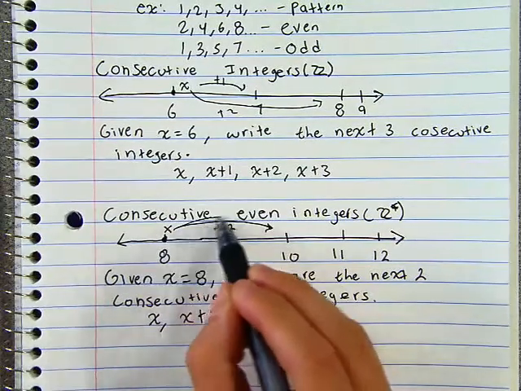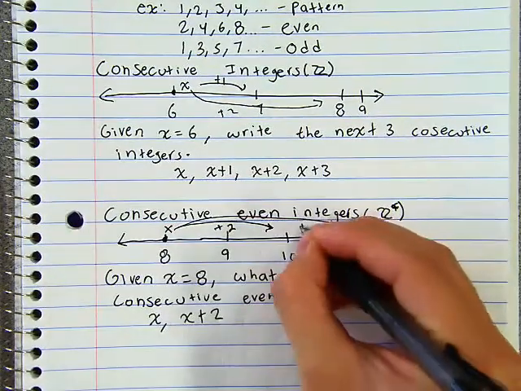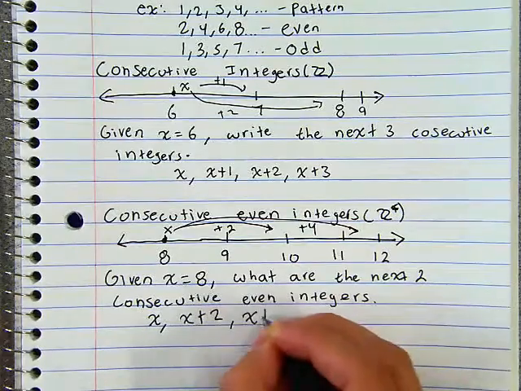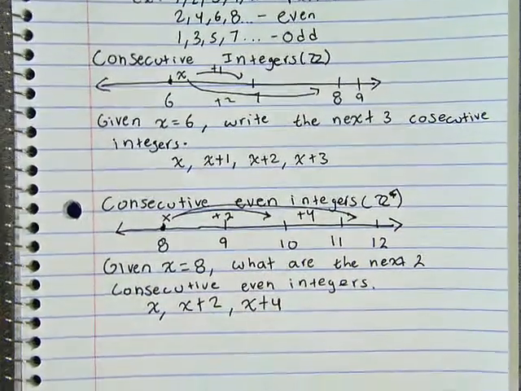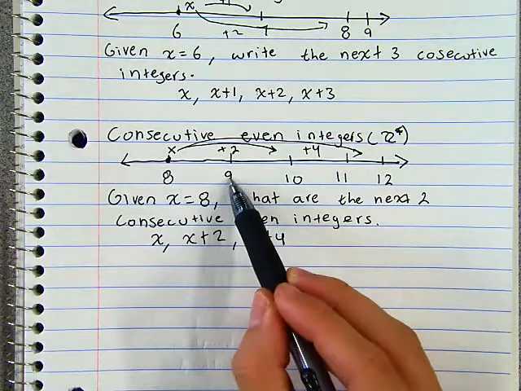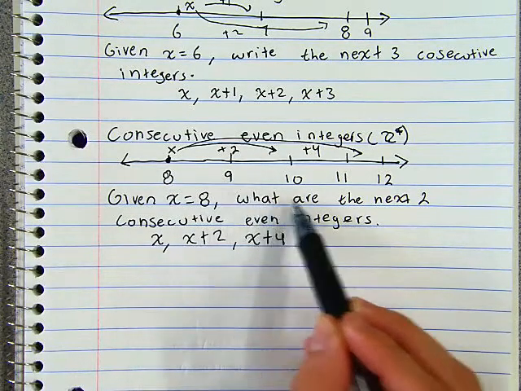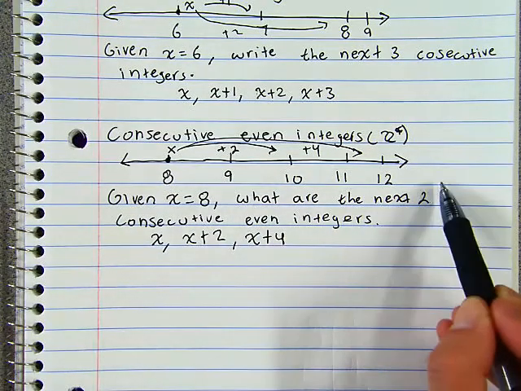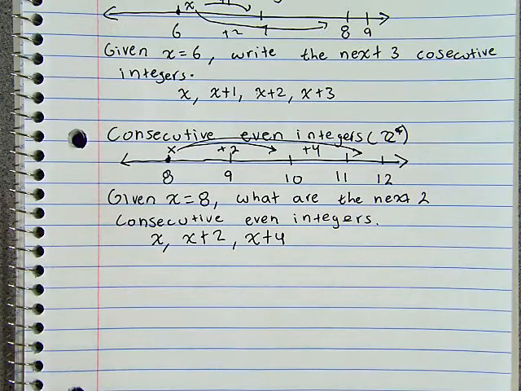For the next one after that, we would have to add 4, so it would be x plus 4. And that would be really similar if we started on an odd number. Let's say we were at 9. To get to 11, we would have to add 2, or add 4 to get to 13. So it's very similar for odd integers.